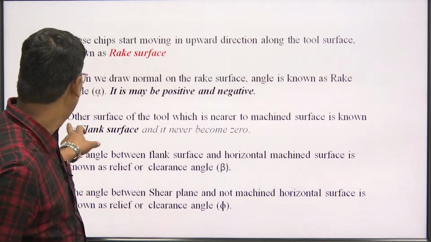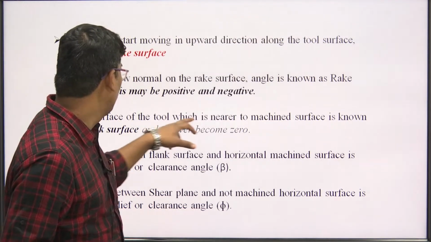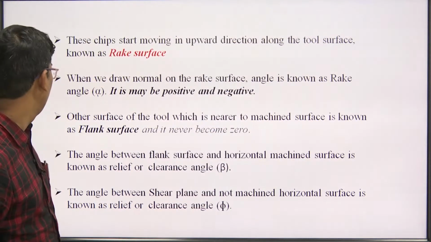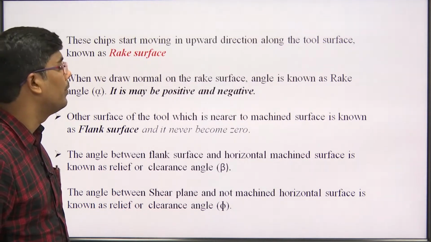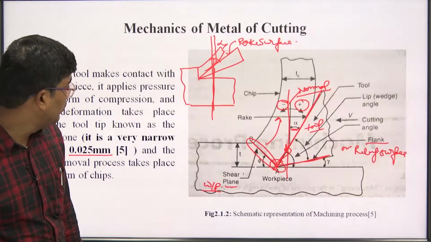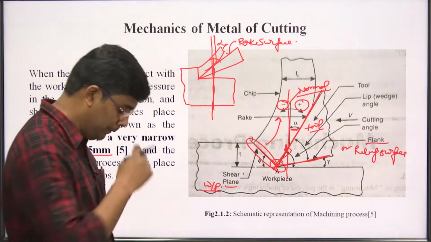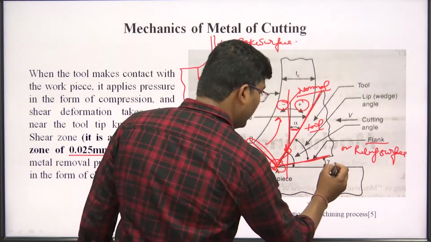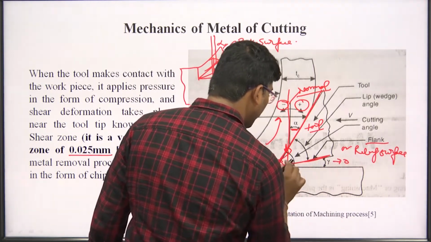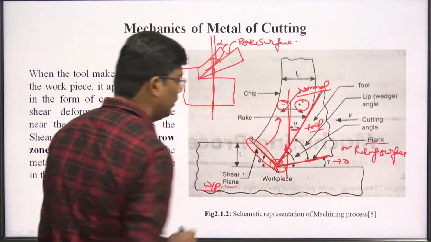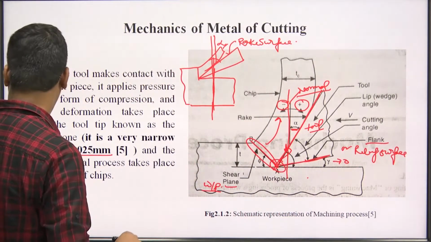We can define here: the other surface of the tool which is nearer to the machined surface is known as the flank surface and it never becomes zero. वो क्यों जीरो नहीं होगा ये भी मैं आपको बता दे रहा हूँ कि if this angle tends to zero, that means this surface makes contact with the workpiece.